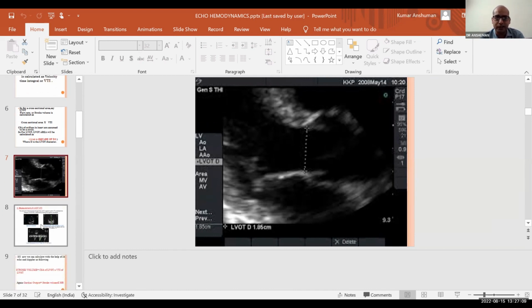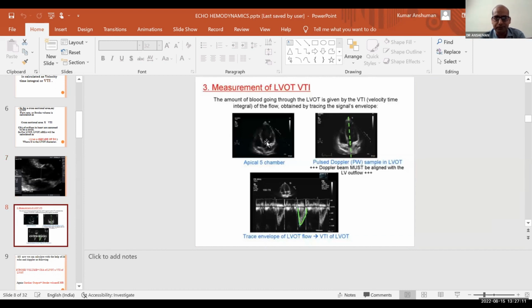Now you go to the LVOT. There you have to measure the pulse wave Doppler, because we are going to measure the LVOT VTI, not the aortic valve VTI. So for the LVOT VTI, you place the pulse wave Doppler just at the opening of the aortic valve. You get a trace like this, and you measure the VTI of this part; this is the VTI of LVOT.